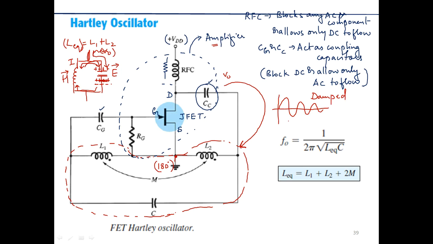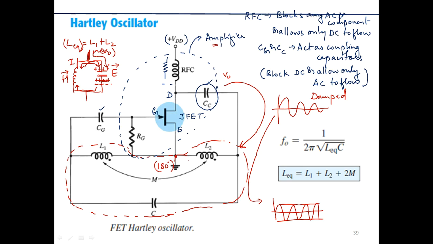Okay, now how do we ensure that the damped oscillations are improvised from being damped to sustained oscillations? Sustained in the sense constant amplitude oscillations. Okay, see, if the signals get damped, they eventually become zero, and there is absolutely no use of this particular oscillator. Okay, the signals should be produced continuously.